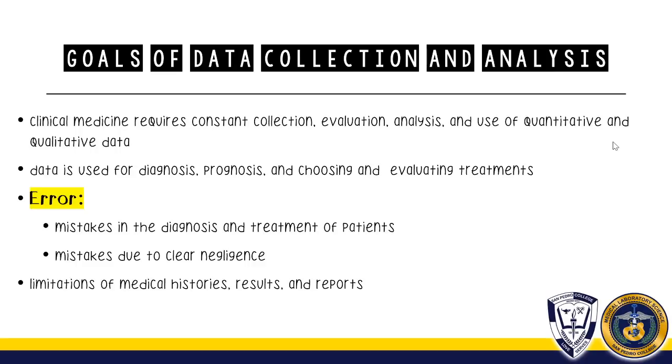So, limitations of medical history, results and reports: what does this mean? If you could still recall what we discussed in the previous topic regarding bias, especially regarding reporting or surveys, those are certain limitations that happen here. Medical histories, results, reports, laboratory values, physical examinations are never perfect because they are limited by the human process.